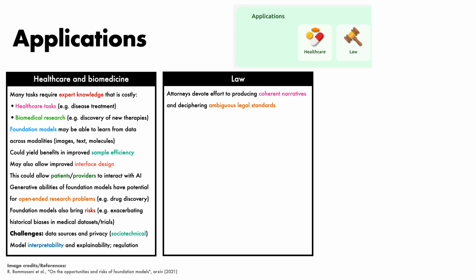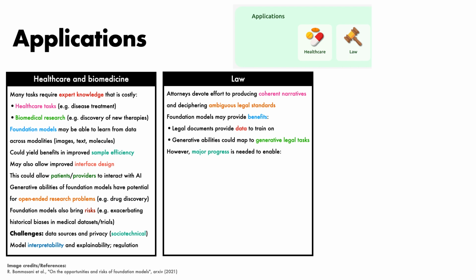It seems likely that foundation models have the potential to provide benefits in this setting, since there are many legal documents that provide data to train on, and the generative abilities of foundation models could map effectively onto generative legal tasks. However, it's worth noting that major progress is needed to enable reliable reasoning over multiple sources of information, and to use this reasoning to generate not just coherent, but truthful long-form documents.